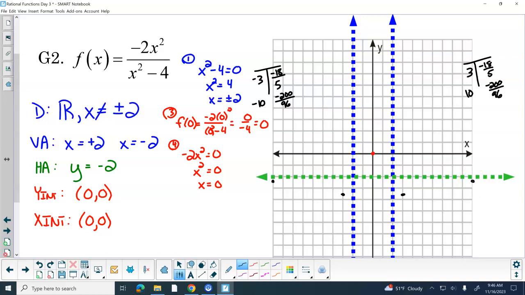Then we've got the middle section. So we could go with 1, which is also going to be negative 1. So we have negative 2 over negative 3, which is positive 2/3. You said positive 2/3?